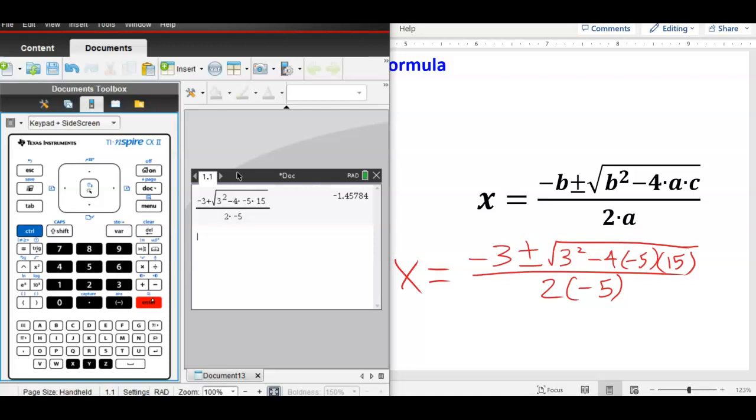You need to stay under the bar. Then 4, parentheses negative 5, negative 15. You got it? Okay, so let's go ahead and write down that first answer, negative 1.46.